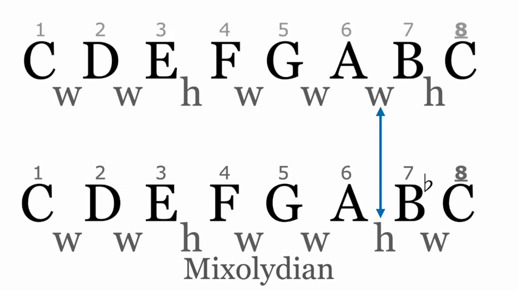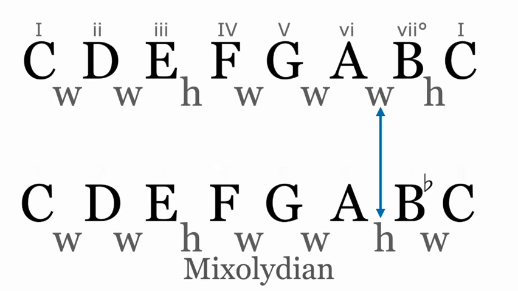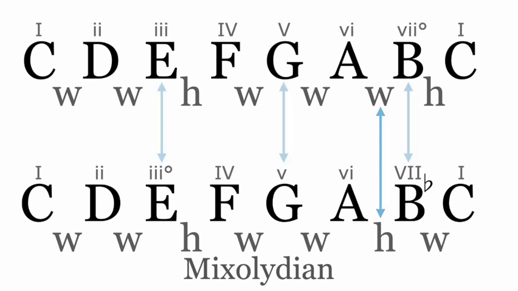The other thing that happens with that B flat is that it has downstream effects. So here, as opposed to numbering them just 1, 2, 3, 4, 5, we're going to use the Roman numerals. Uppercase is major, lowercase is minor, and it may also have the diminished symbol. At the top, we have just your C major scale. When we apply the same to the Mixolydian down at the bottom, we can very quickly see that the third, the fifth, and the seventh are distinctly different between the 2 modes.